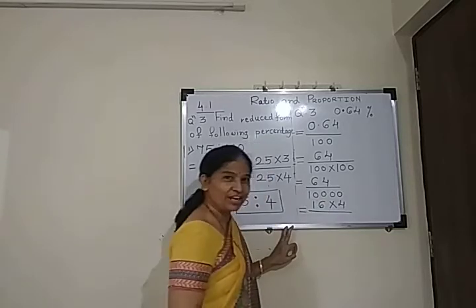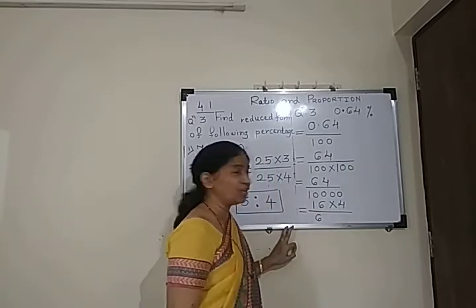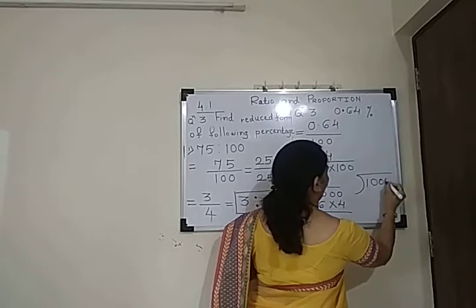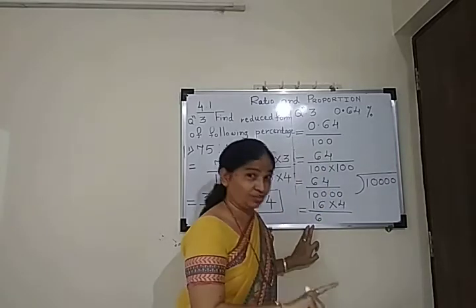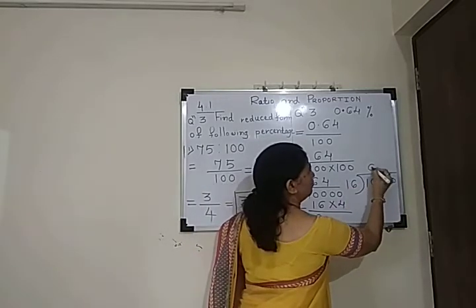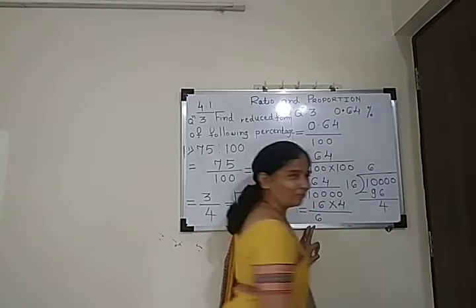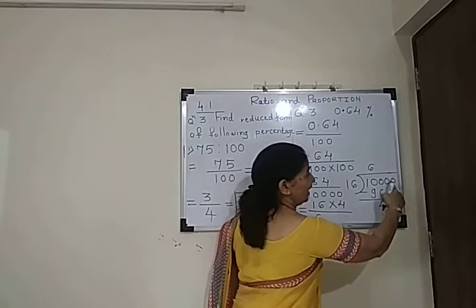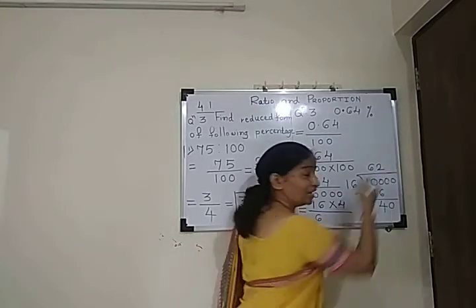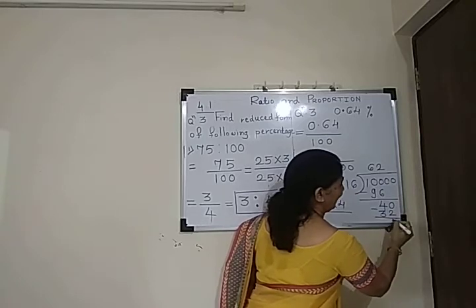So, 16 6s will come as 96. The remainder is 4. Now we will take this 0. So 16 2s will come as 32. The remainder is 8.